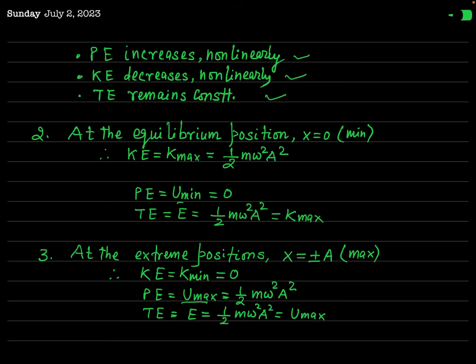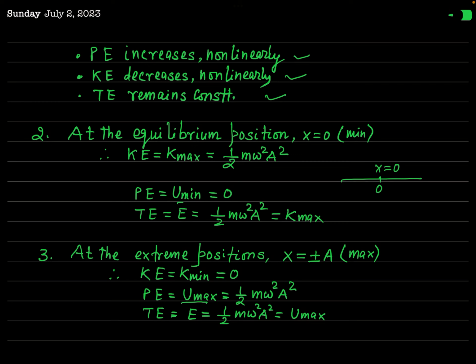As we measure the displacement of the oscillator with respect to the equilibrium position, when the oscillator is at its equilibrium position, x will be 0. So substituting x equal to 0 in all the above expressions for K, U and E, we can get the value of these energies when the oscillator is at the equilibrium position.